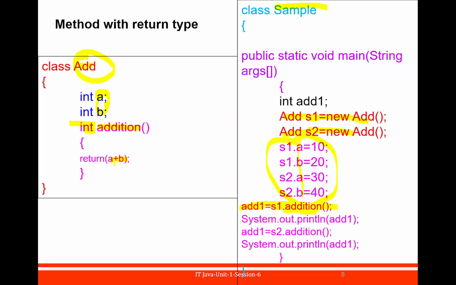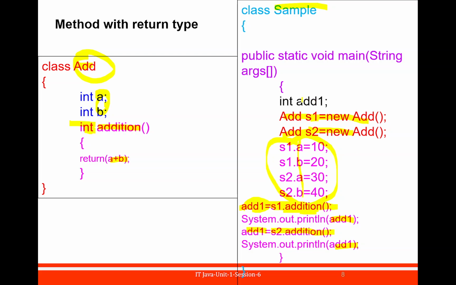So the sum 30 will be returned and stored in the variable add1. It prints 30 here, and then, using the second object, we call the addition method, and now a and b values are 30 and 40, and 70 is returned to the add1 variable, and then we print the add1 variable. Now it prints 70.